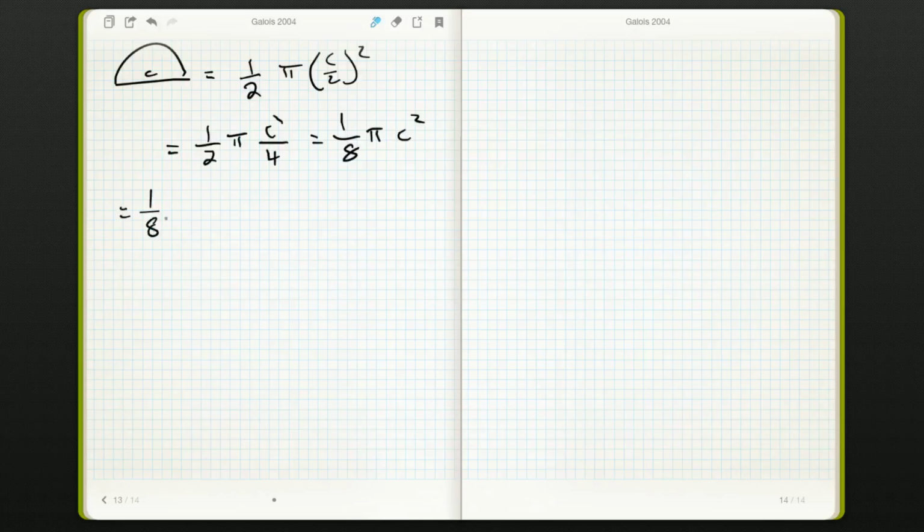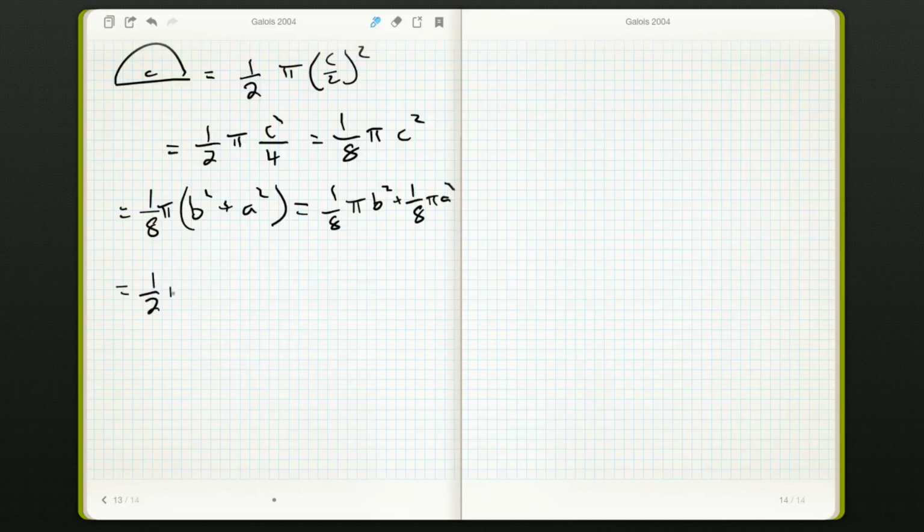But c squared can be written as a squared plus b squared. Okay. Oops, we forgot a pi. So this will be 1/8 pi b squared plus 1/8 pi a squared.